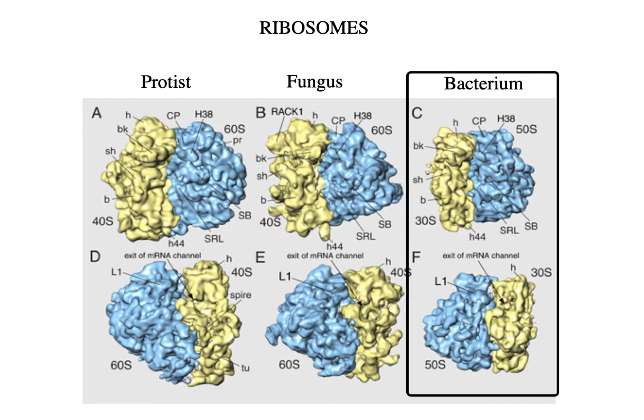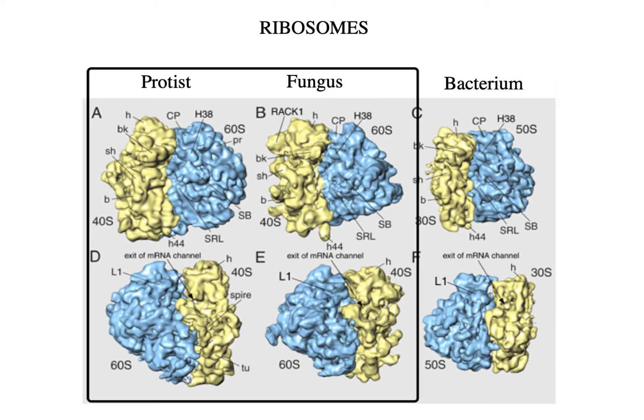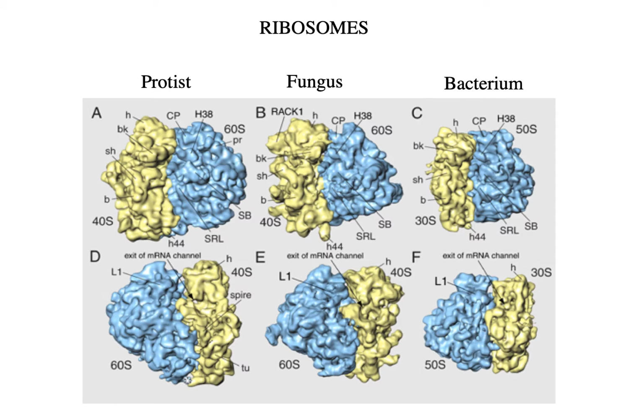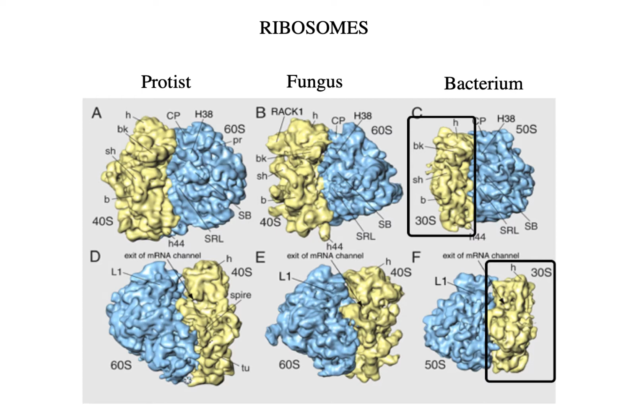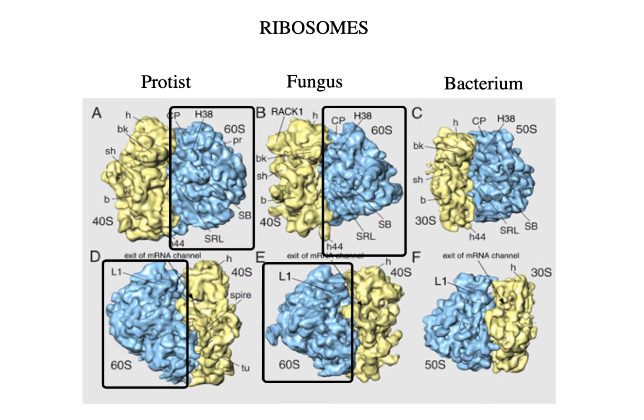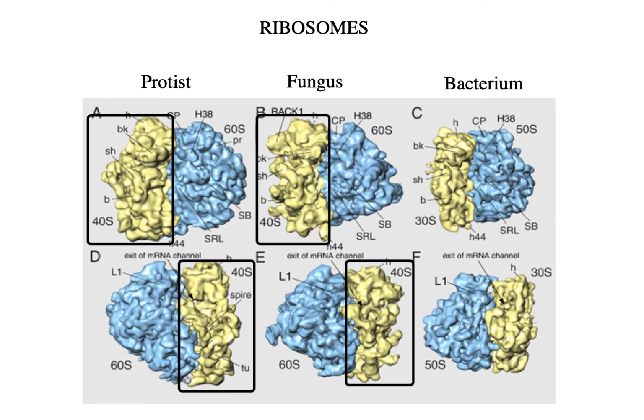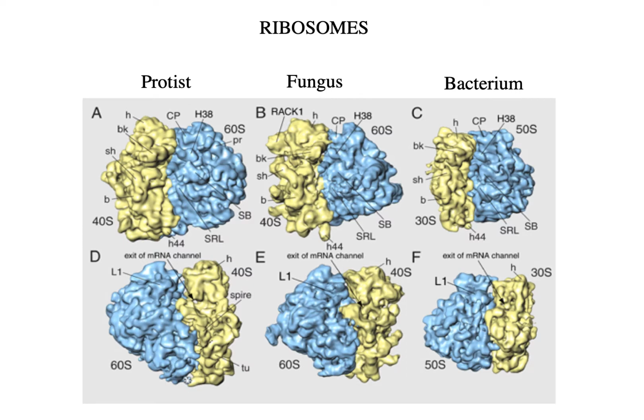And it's quite a bit smaller than a eukaryotic ribosome, shown here as a protist. So the bacterial ribosome consists of a 50S large subunit and a 30S small subunit, whereas in a protist or a fungus, you have a 60S large subunit and a 40S small subunit. In archaea, they're closer to bacterial size, but they're larger and a little more sophisticated than those in bacteria.